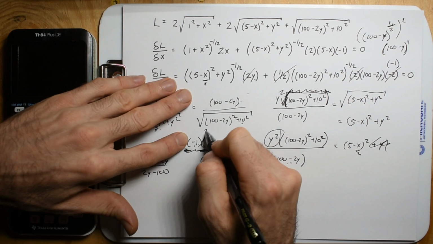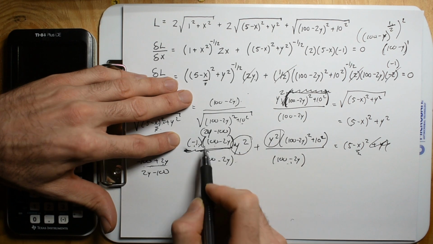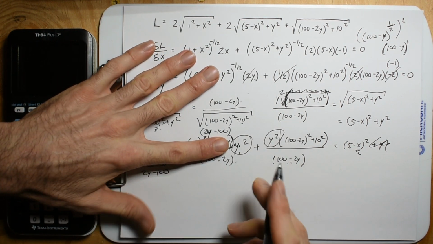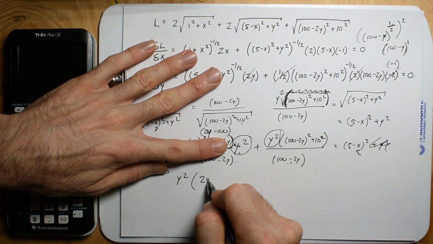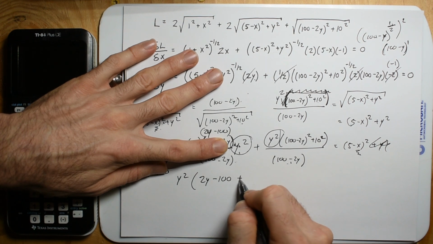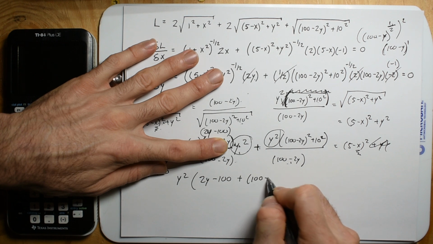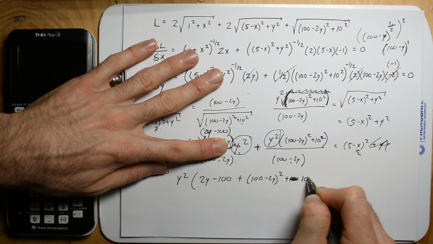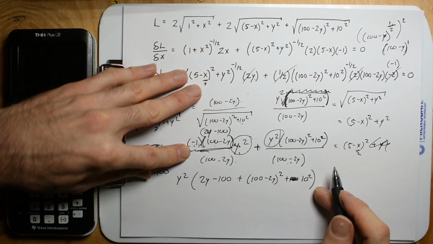So this whole thing is just 2y minus 100 times y squared. Now if I'm factoring out this y squared, I'm going to have 2y minus 100, plus, since I have a plus here, it's just these terms, so that's nice, 100 minus 2y squared plus 10 squared. So I just added those.